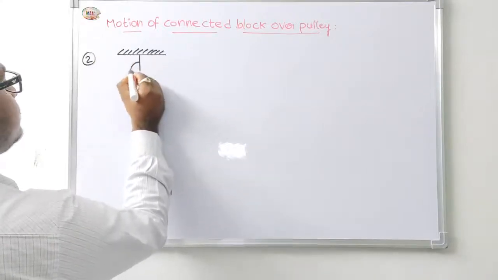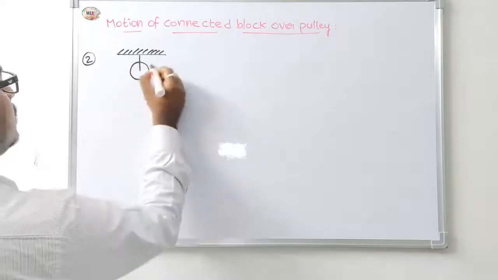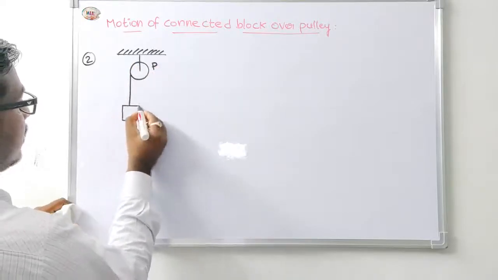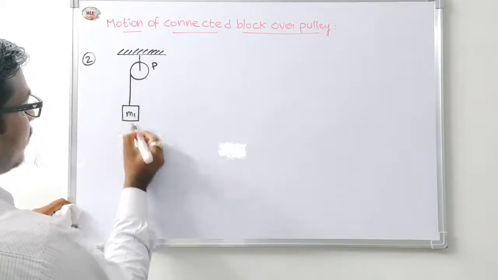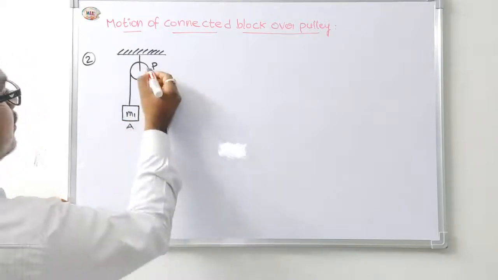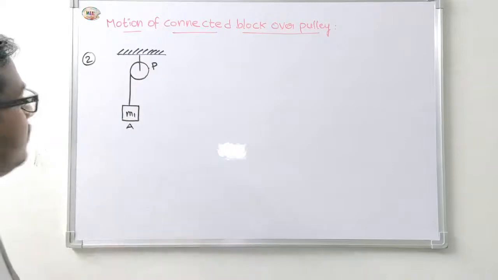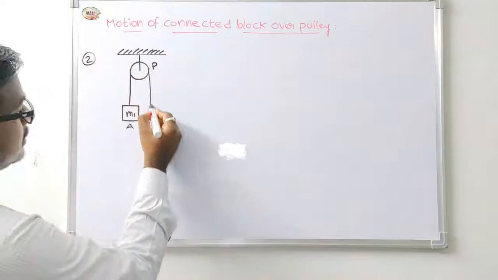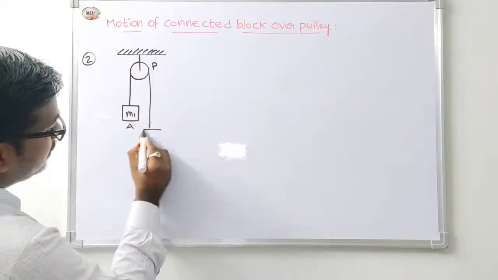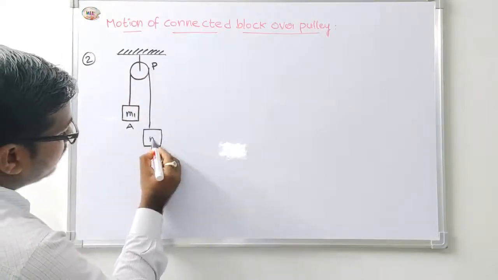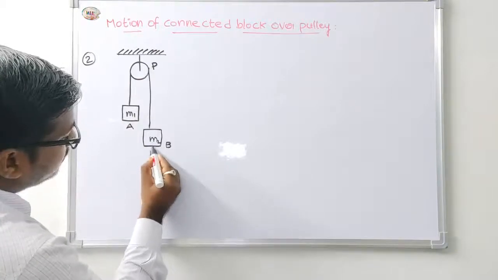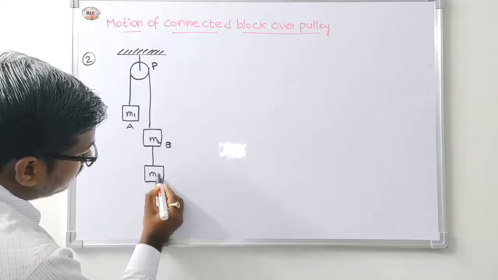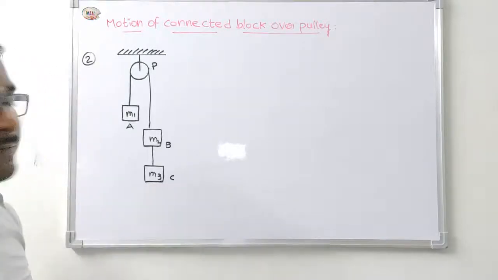In this one, on this pulley P, one block is of mass M1, the block A. The other end of the string is connected to 2 blocks, one by one: this is the M2 block B, this is the M3 and this one is C.